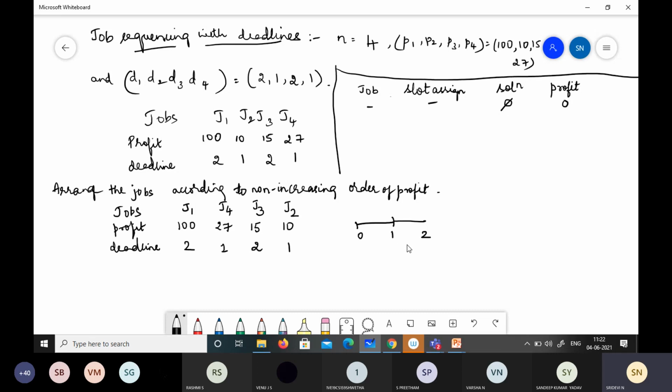This deadline says that J4 should be completed within one unit of time, and J1 can be completed by 2, but it stays in the machine for only 1 unit of time. It can wait up to 2 minutes, but should be completed within a minute. So now you just look into this and tell me which 2 jobs I can select to get a maximum profit.